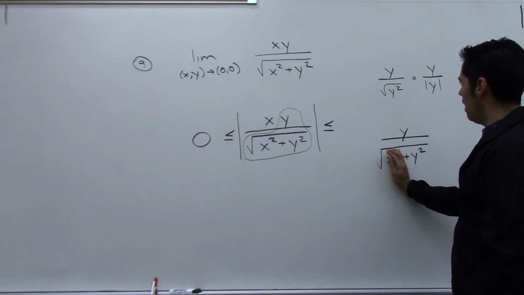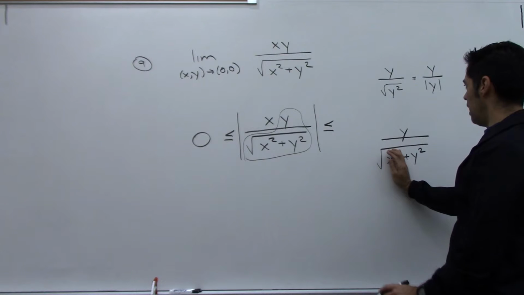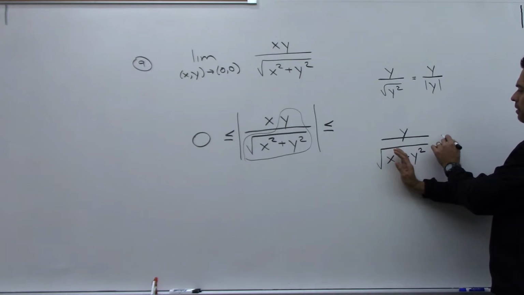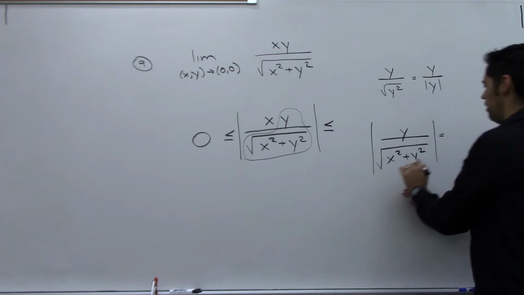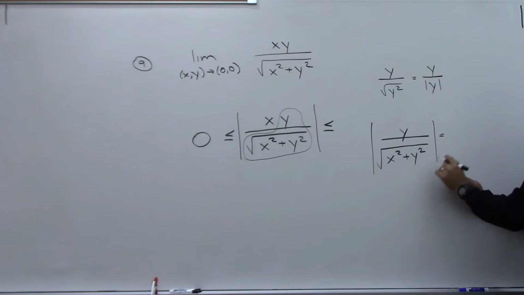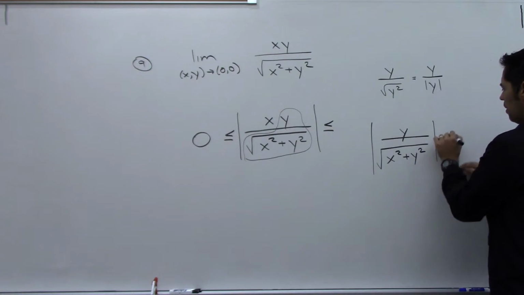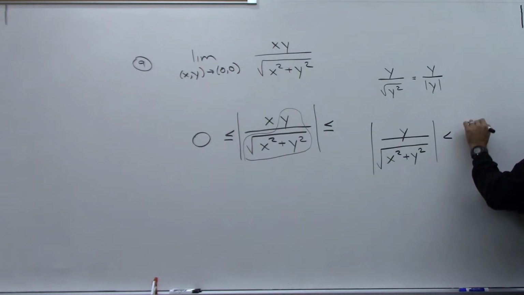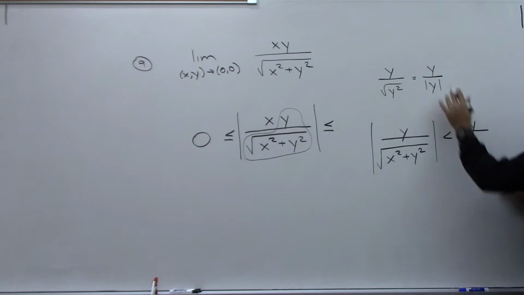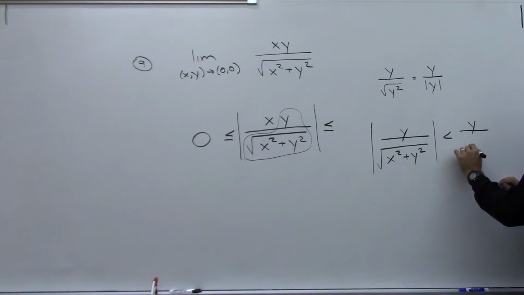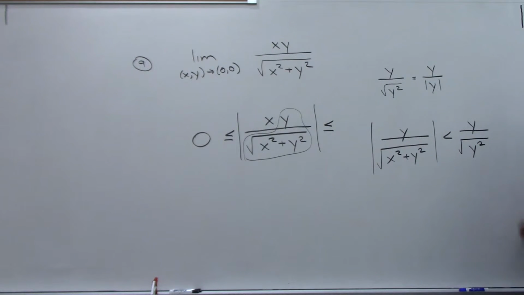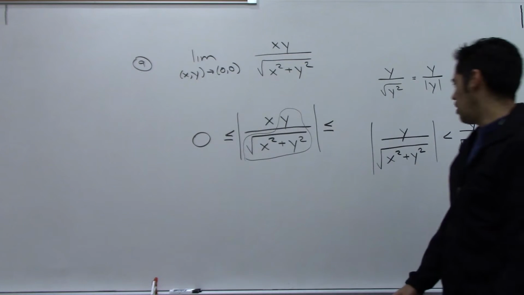What I'm trying to get at is this right here. Let's look at its absolute value. The absolute value of that is definitely going to be smaller than y over the square root of y squared. See if that makes sense. I'm trying to back up here.